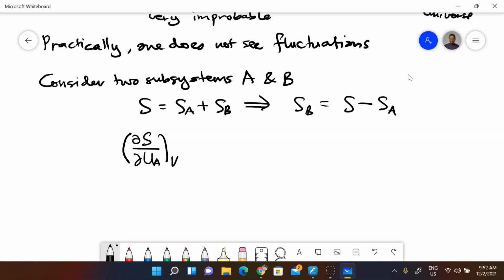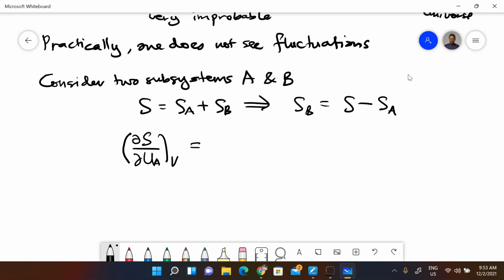So the derivative of the entropy with respect to the internal energy is given in terms of the inverse temperature.